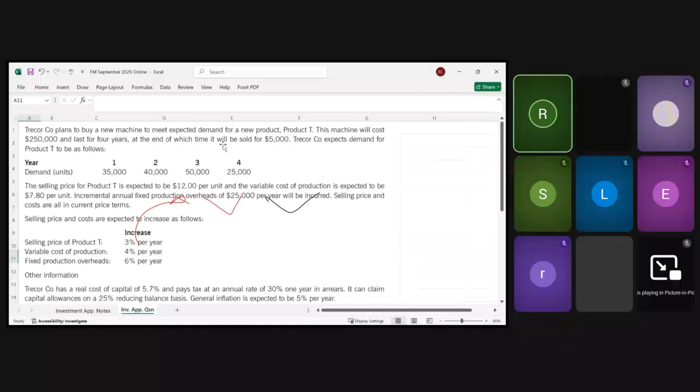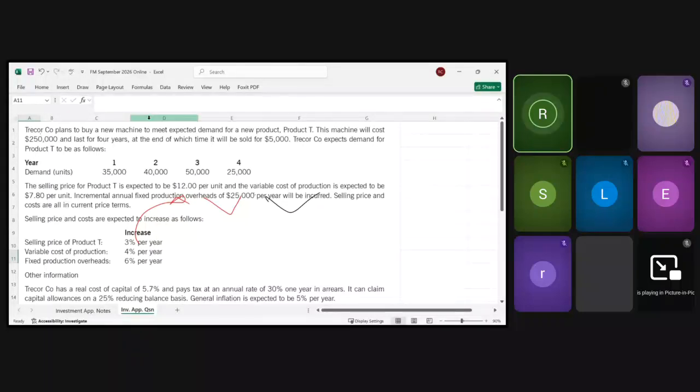Treco company expects demand for product T to be as follows. So we have demand from year 1 to year 4 in terms of units. The selling price for product T is expected to be $12 per unit, and the variable cost of production is expected to be $7.80 per unit.